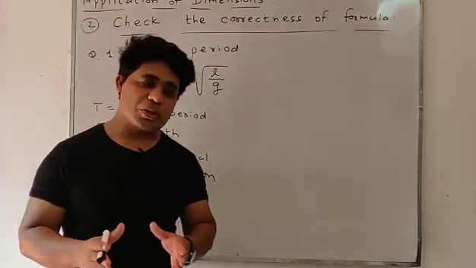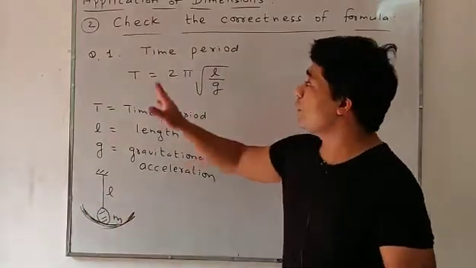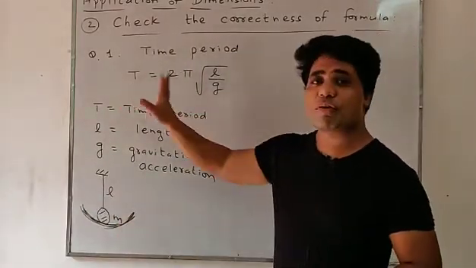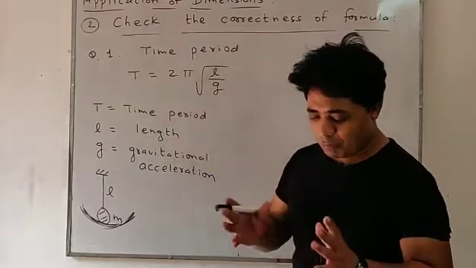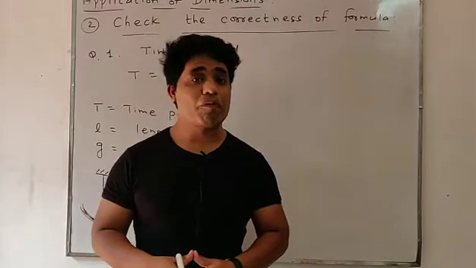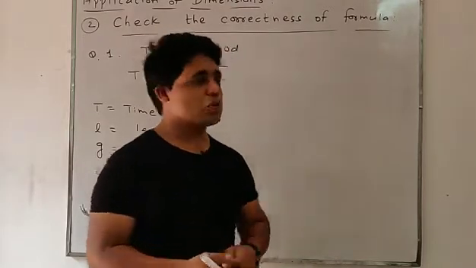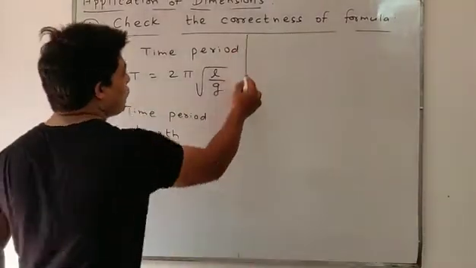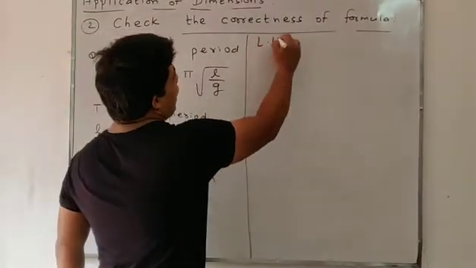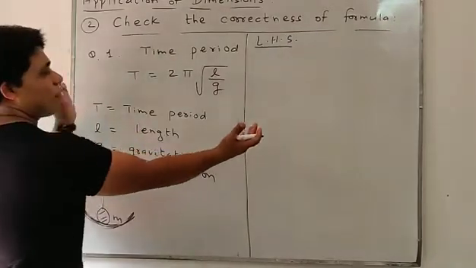So the process is we'll always find the dimension of the left hand side, then the dimension of the right hand side. If both sides have the same dimension, the formula will be correct. If both sides have different dimensions, it will be wrong. So let's start the numerical, students. First of all, I'm going to find the dimension of the left hand side.